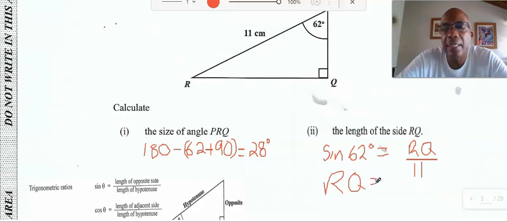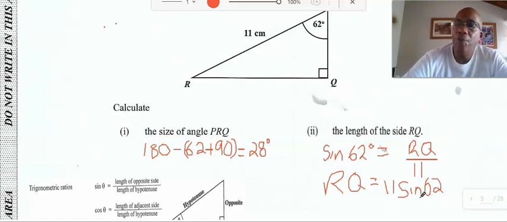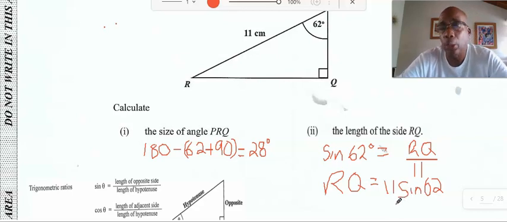So RQ equals 11 multiplied by sine 62. We don't have to put the multiplication sign. We just put 11 sine 62. That means 11 multiplied by sine 62 degrees. To find this now, we use our calculators.